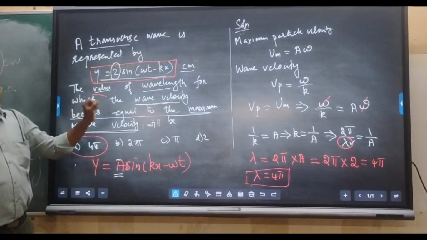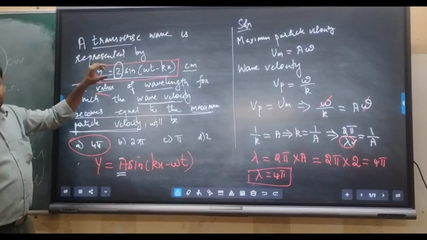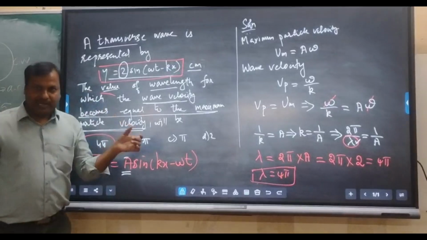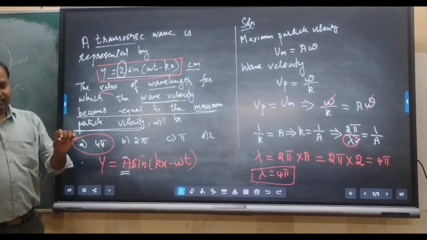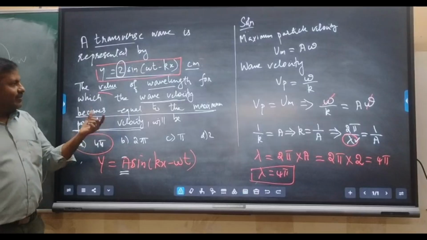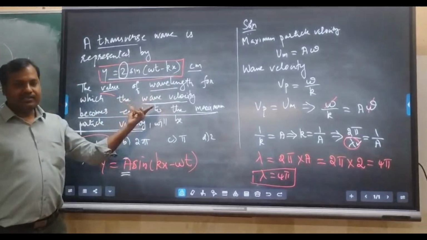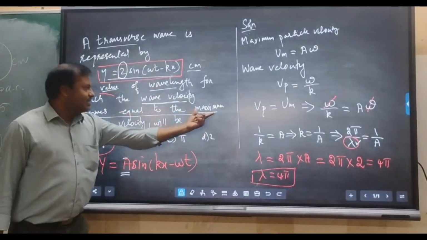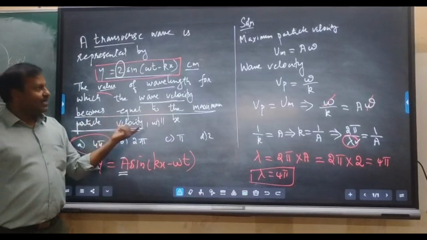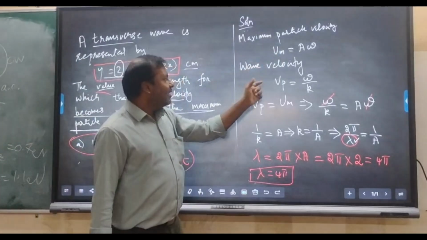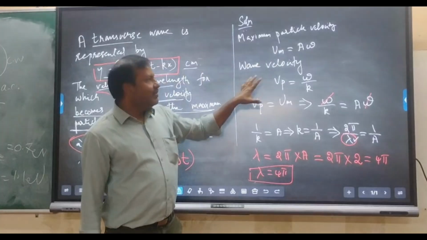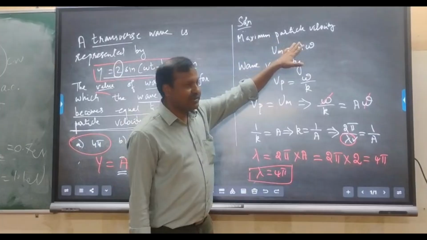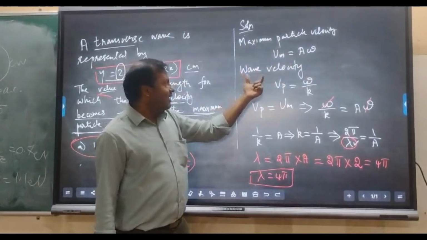For this wave there is a wavelength that we have to calculate, for the condition when the wave velocity Vp is equal to the maximum particle velocity Vm.